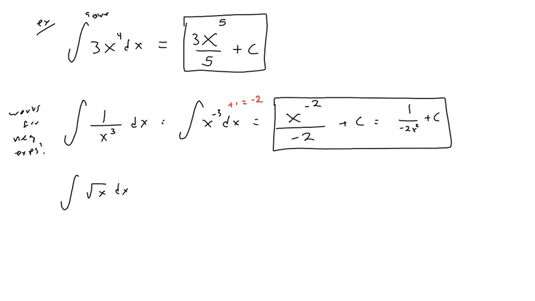What about this one? It's just the integral of x to the 1/2 power. Well, okay, if it's an exponent, I know what to do. I'm going to add 1 to it and then divide by that fraction. x to the 1/2 power. 1/2 plus 1 is going to become 3/2, right? So I'm going to get x to the 3/2 over 3/2 plus c.